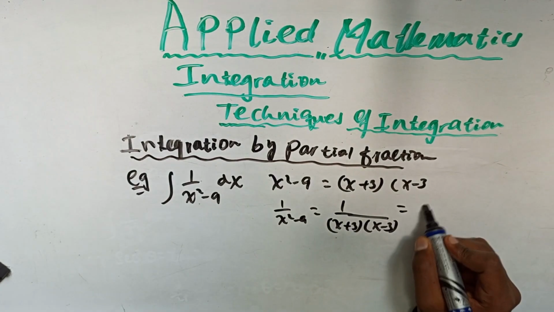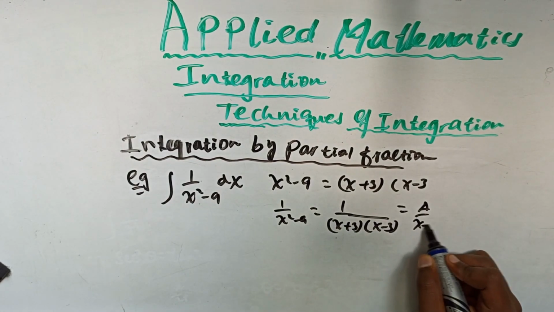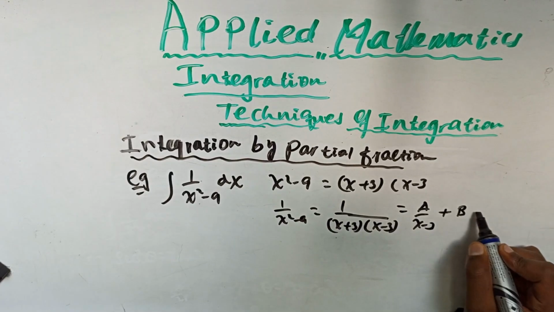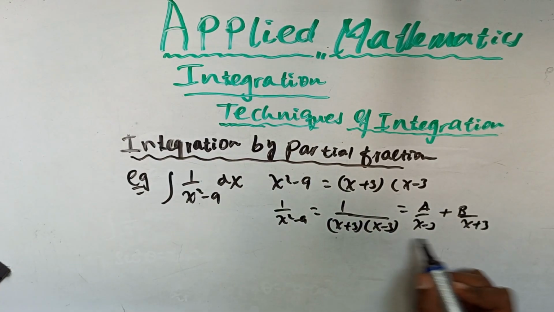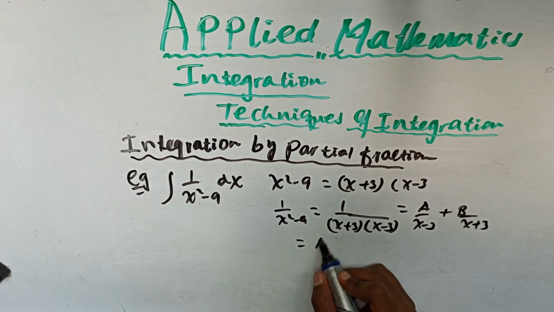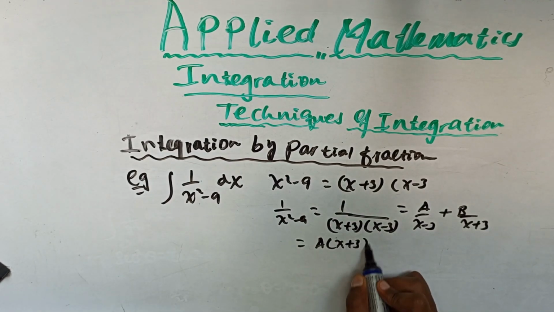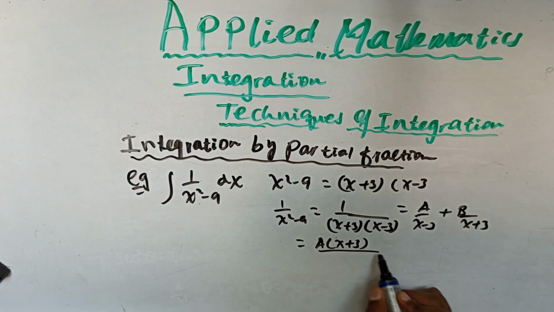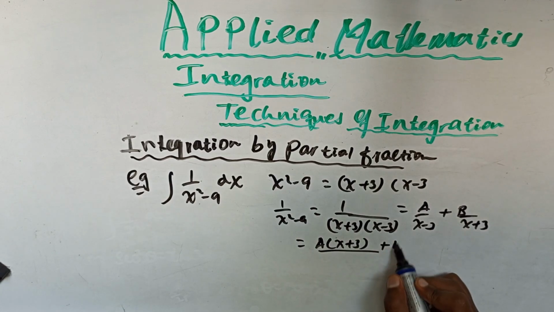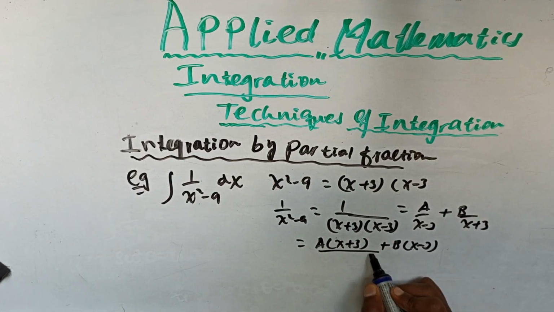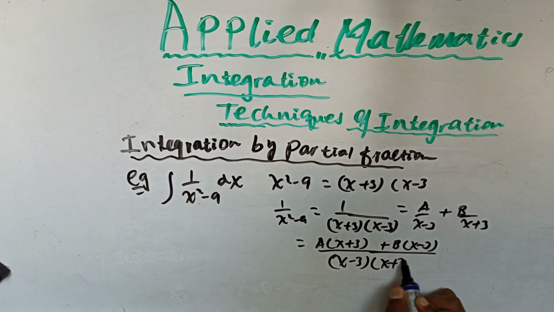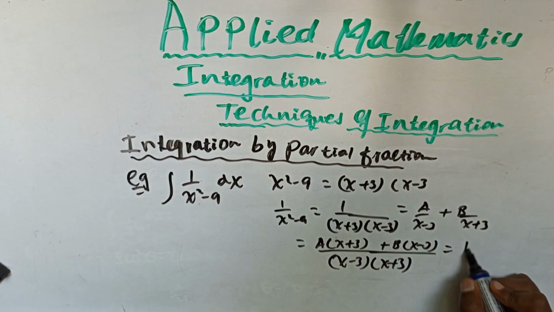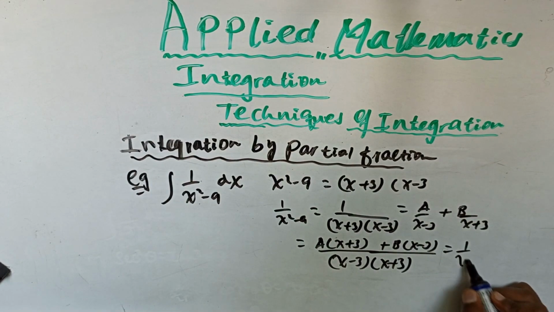So this is A over x minus 3 plus B over x plus 3. From this, A times (x plus 3) plus B times (x minus 3), over (x minus 3) times (x plus 3), is equal to 1 over x squared minus 9.